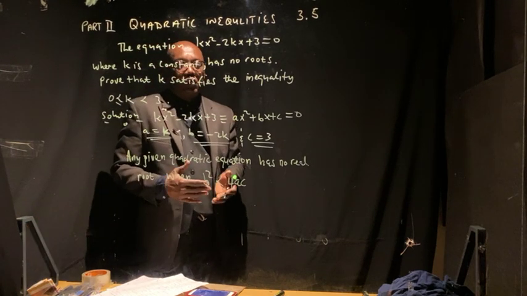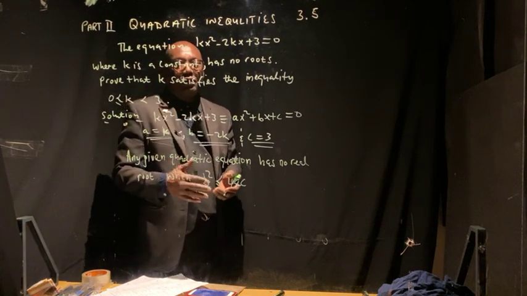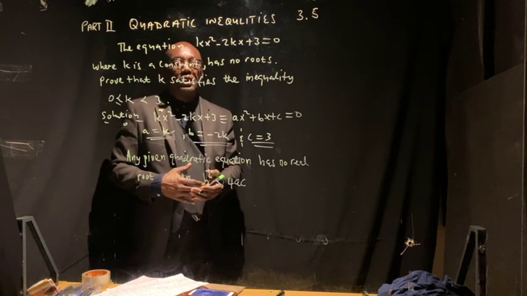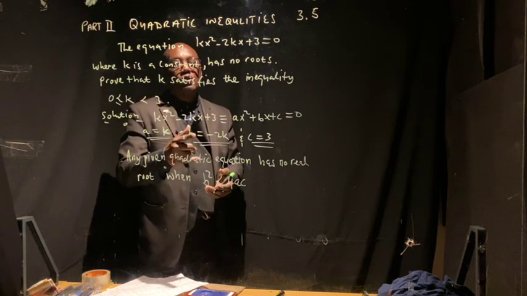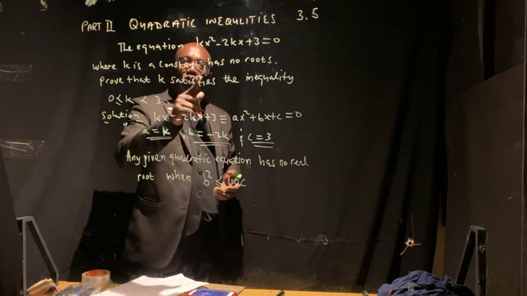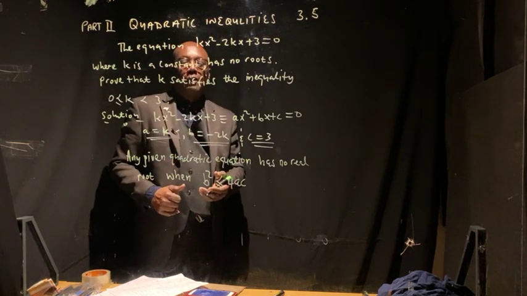If you have any given quadratic equation and you find out that b squared is less than 4ac, it indicates that that quadratic equation has no roots. We will use the same principle to answer this question.